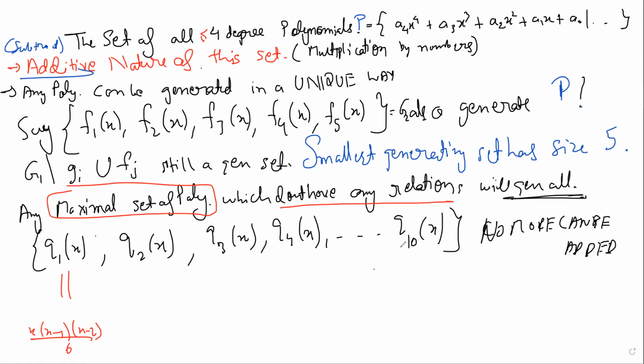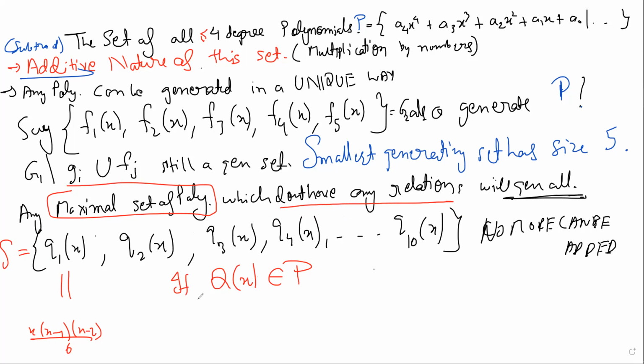But that is in the definition. Yeah? If you take anything else, if q(x) is some polynomial in P, yeah, then q(x) can be written using these. Why? Because we cannot add q(x) in this set. You cannot add q(x) in the set because nothing can be added. Nothing can be put in the set, right?